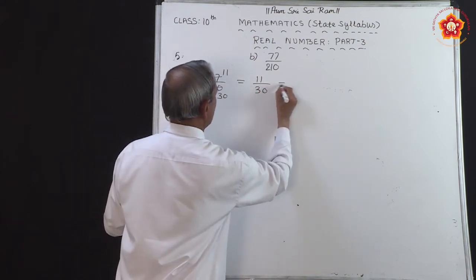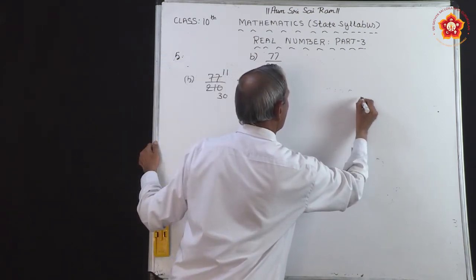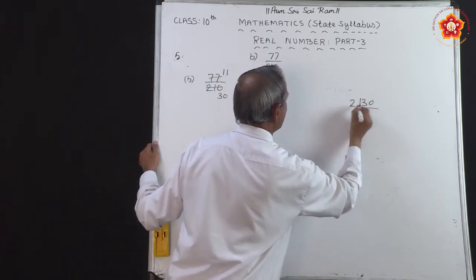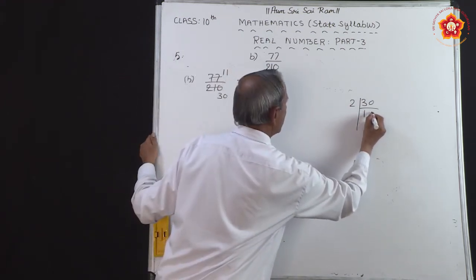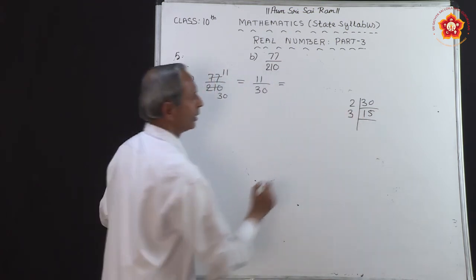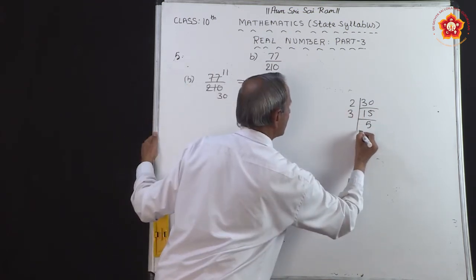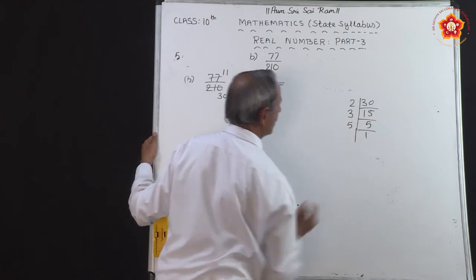Now further find the factors of 30. It is an even number, divisible by 2, it will go 15 times. Once again it is divisible by 3, 3 5 is 15. Finally it is divisible by 5, 5 1 is 5.